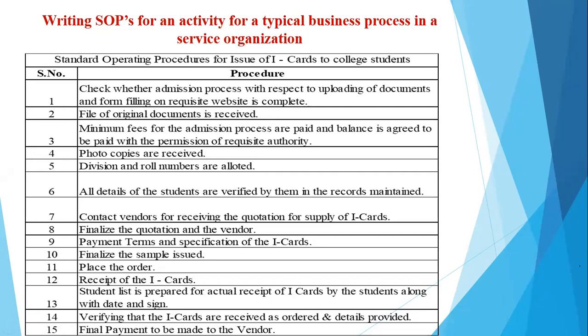Then after that, you paid the minimum fees during the admission process. You are required to pay some minimum amount, 5,000, 10,000, that varies from college to college. So you paid the minimum fees for the admission process.